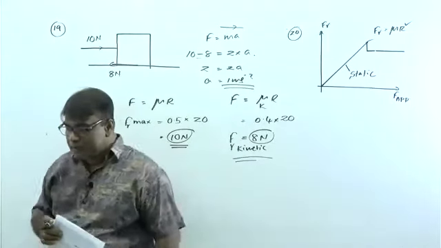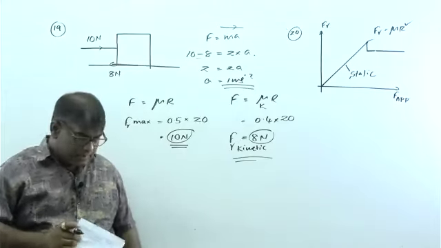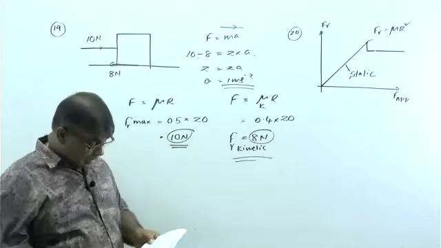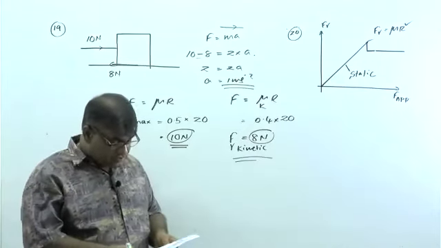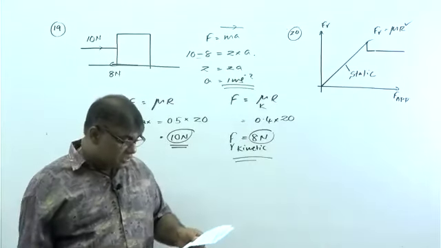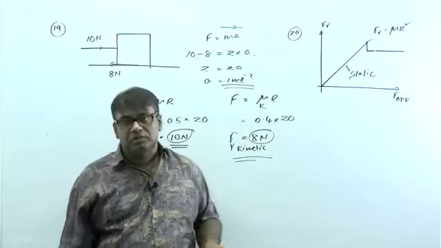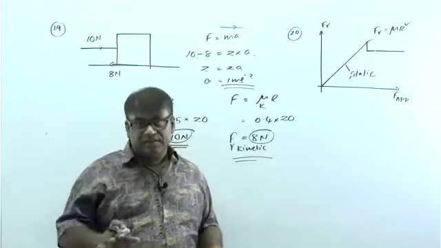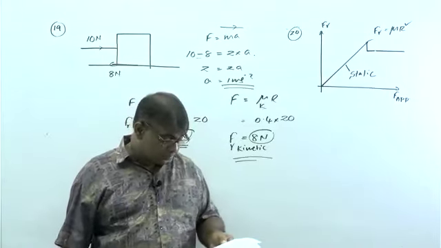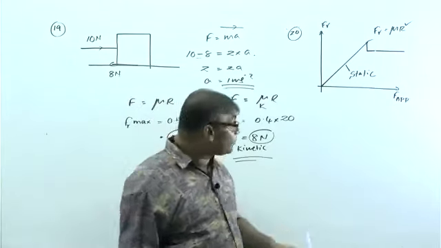Write that down: static friction only depends on the applied force. B, kinetic friction depends on the nature of the surfaces. Yes, perfect. If the surface is rough, kinetic friction and limiting friction are both high. If the surface is smooth, kinetic friction is definitely low. C, kinetic friction always depends on the normal reaction on the object.